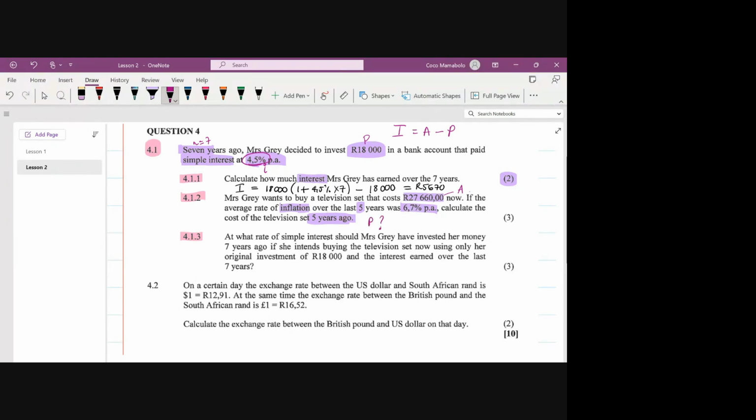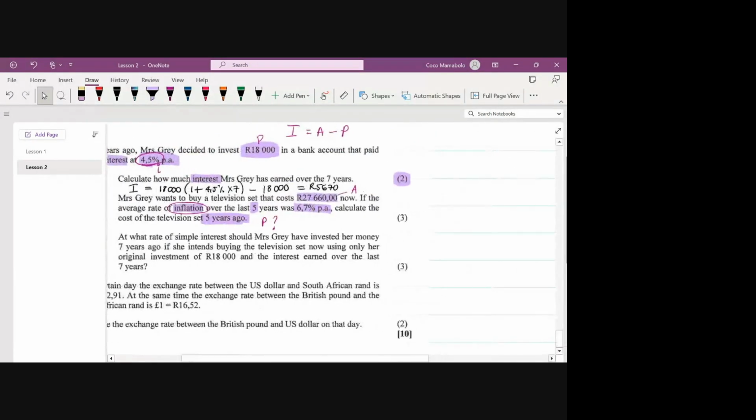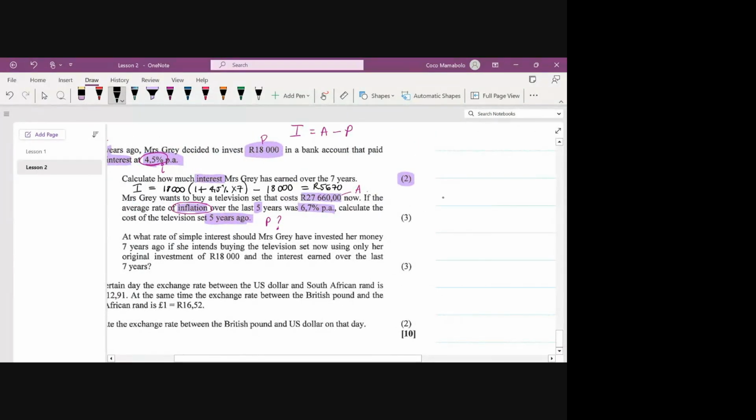But because we're calculating inflation, we need to use the compound interest formula. So we know compound interest, A equals P, open brackets, 1 plus I to the power of N. In this case, because we don't know what P is, we need to get P on its own.